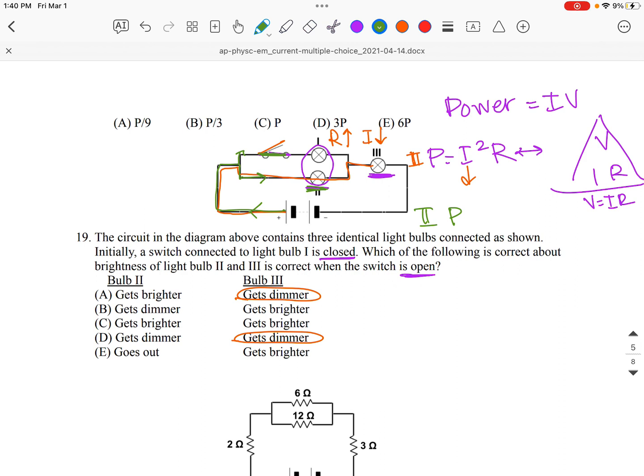When I open the circuit, all the current from the battery is going to go through my resistor. So clearly the current is going to increase, and because the resistance stays the same, the bulb is going to get brighter, not dimmer, and A is your answer for problem 19.